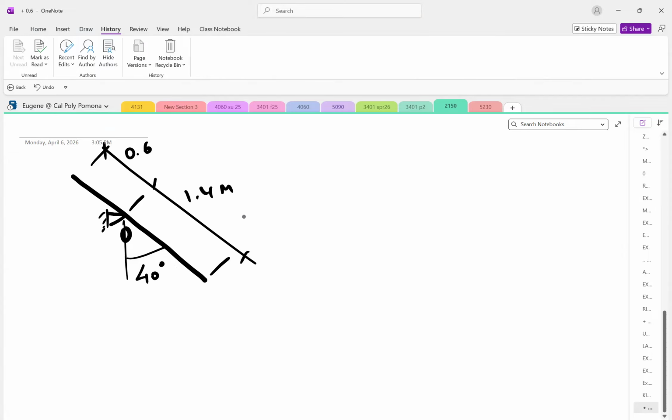Mass of the bar is 1.8 kilograms. It rotates in the vertical plane about the pin at O. When the bar is in the position shown, the angular velocity is 4 radians per second clockwise.